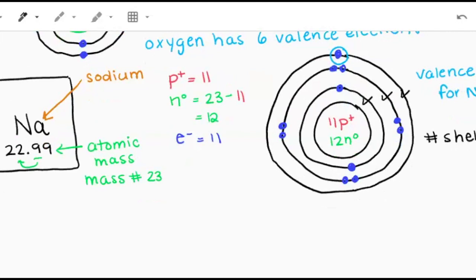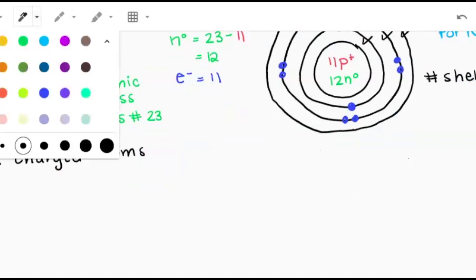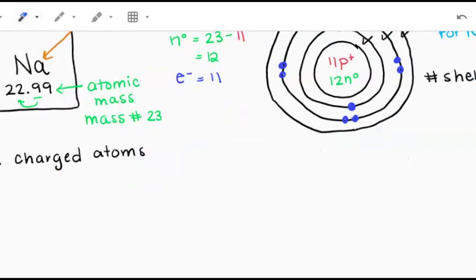Before some elements enter into a compound, they're going to form what's called ions. And ions are charged atoms. And they're charged because we change the number of electrons.